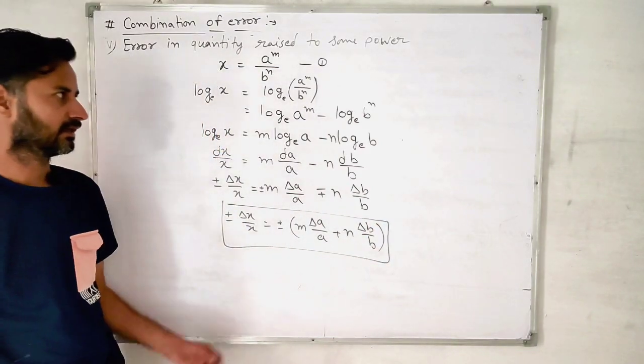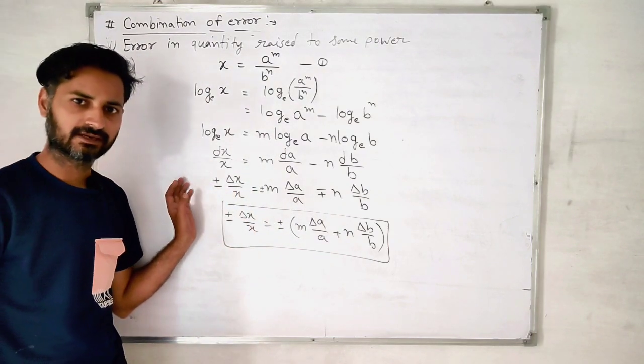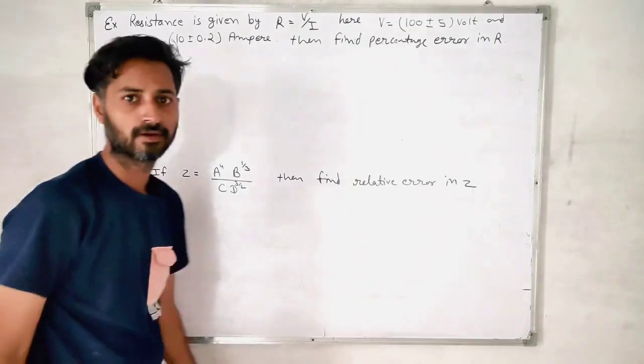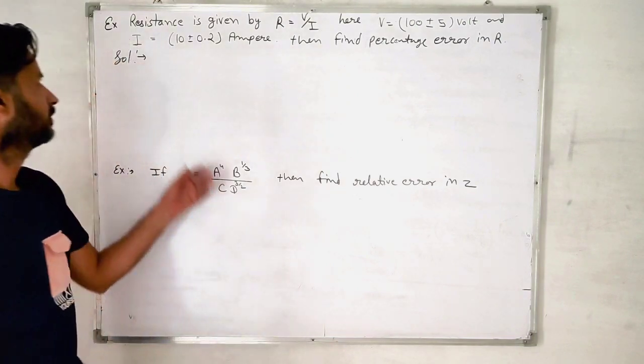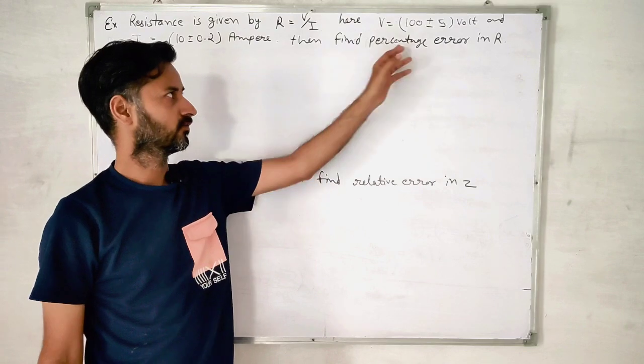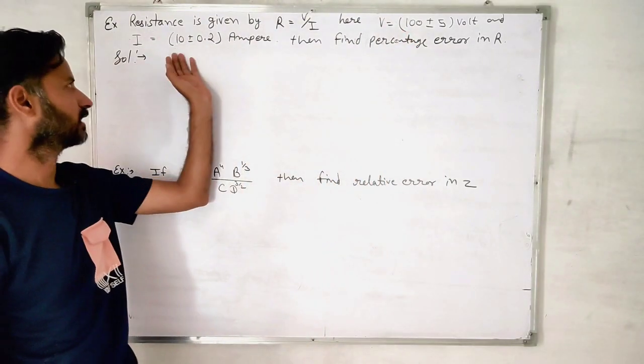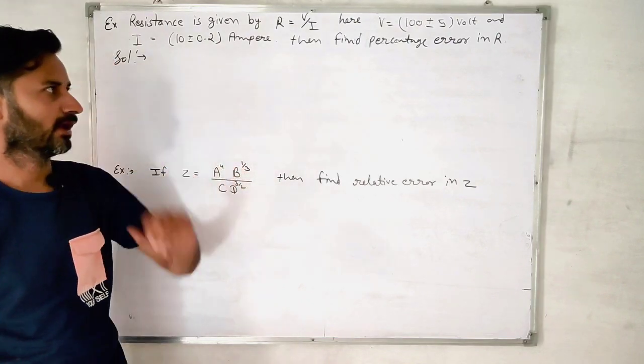We will take an example so we can understand them better. Here we have an example. Resistance is given by R is equal to V upon I, where V is equal to 100 plus minus 5 volt and I is equal to 10 plus minus 0.2 ampere.